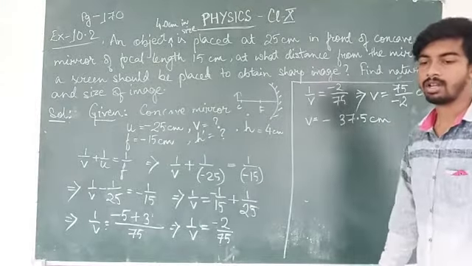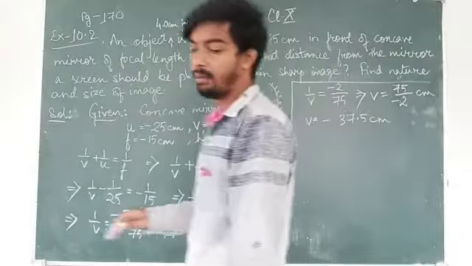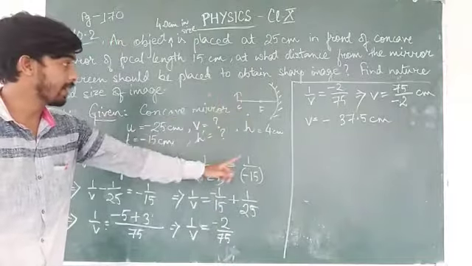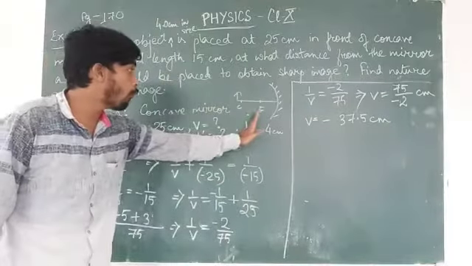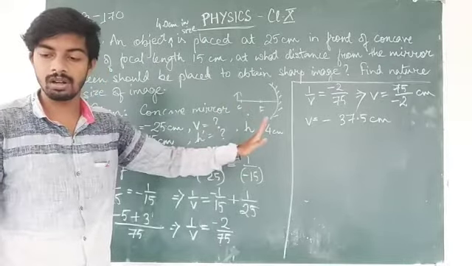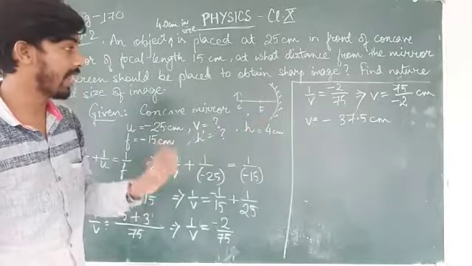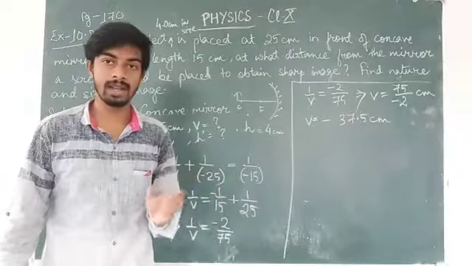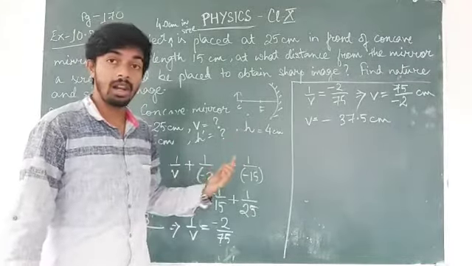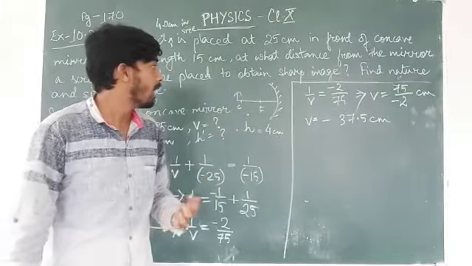37.5 centimeter. So from here, what can we know? We got V equal to minus. That means the image will also form to the left side of the mirror. And in the concave mirror, till now we have learned that whenever V is minus, that means the image is real and inverted.